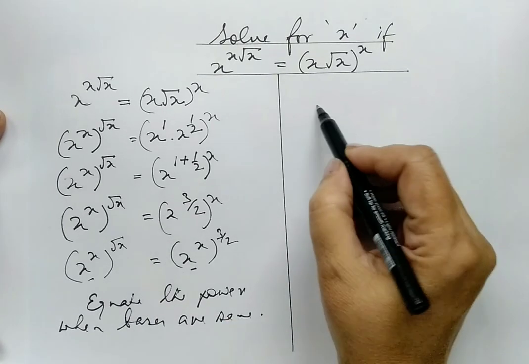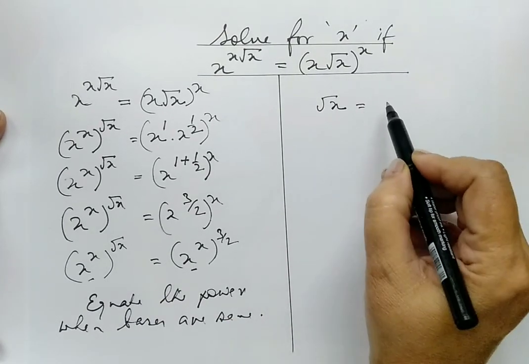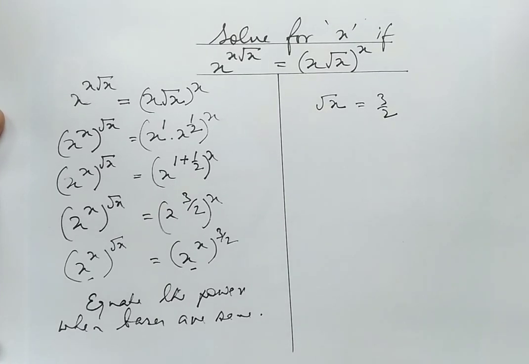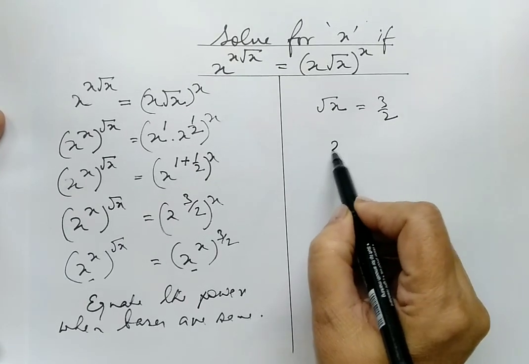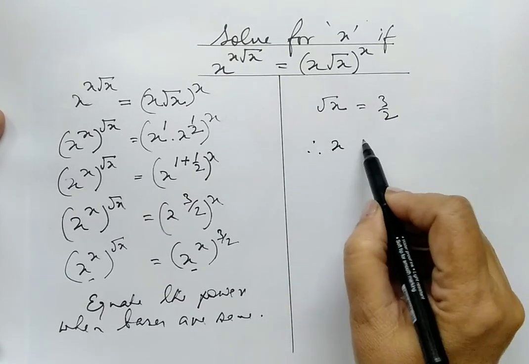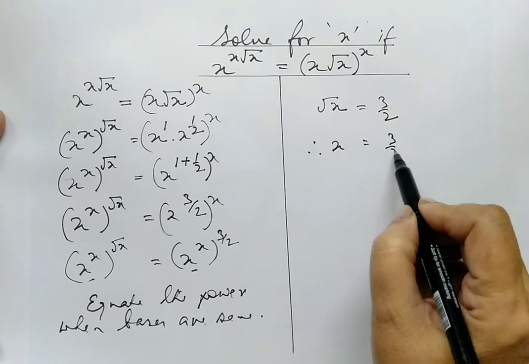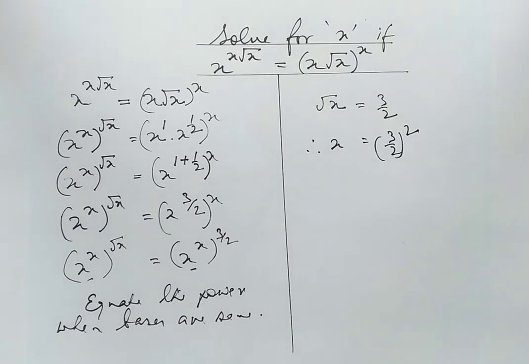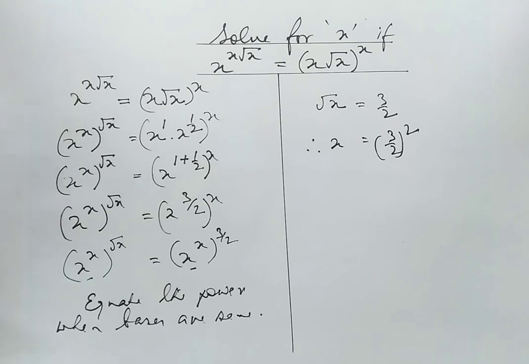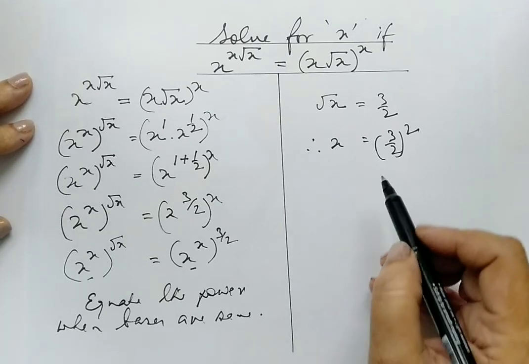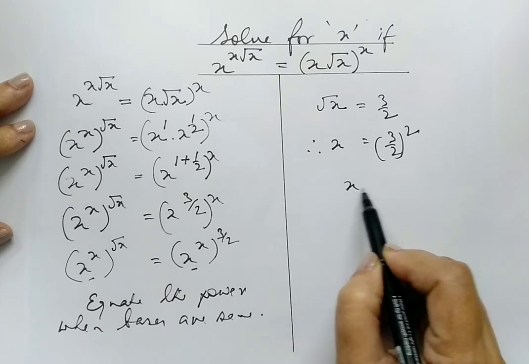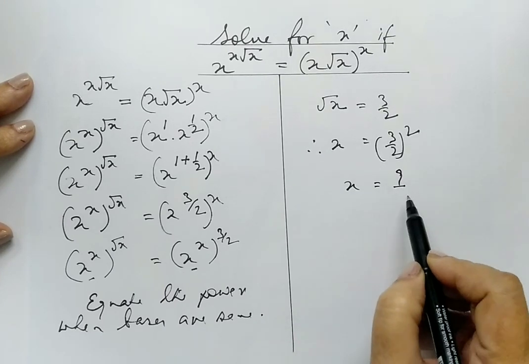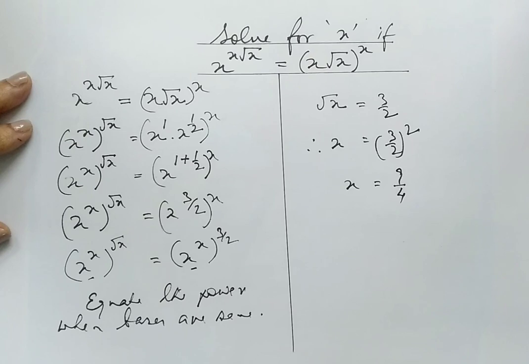Which means root x will be equal to 3 by 2. Correct? Since we are seeking x, therefore x will be equal to 3 by 2 to the power 2. Which means that x will eventually be equal to 9 by 4.